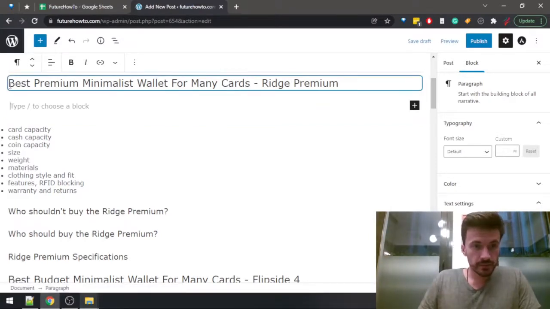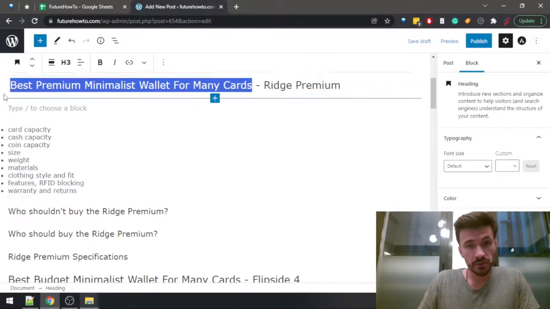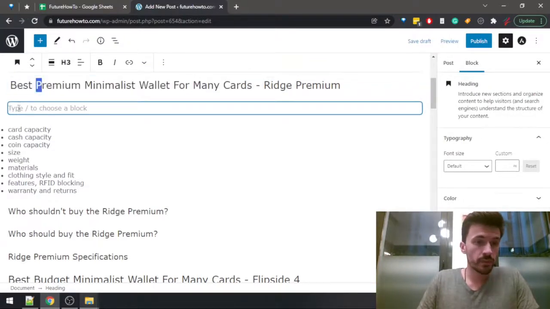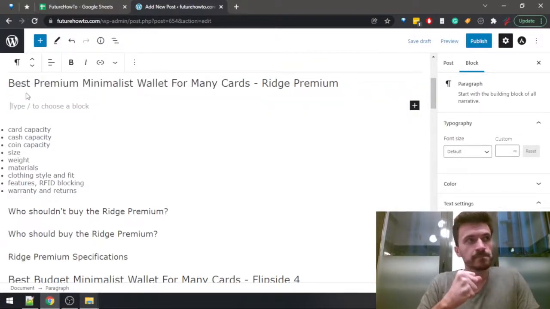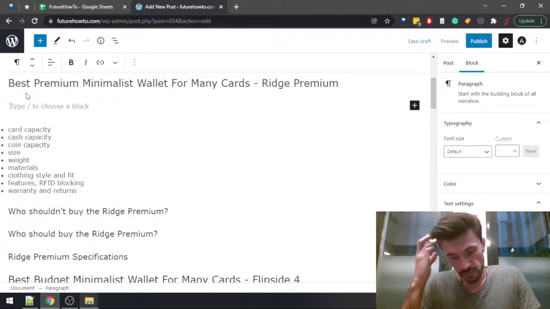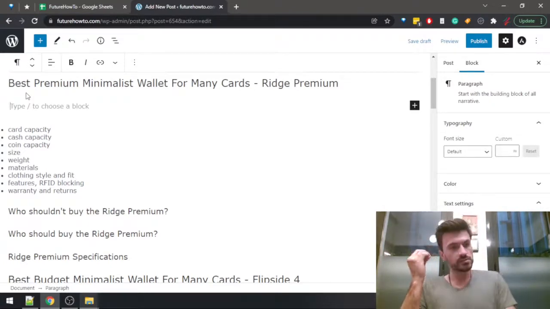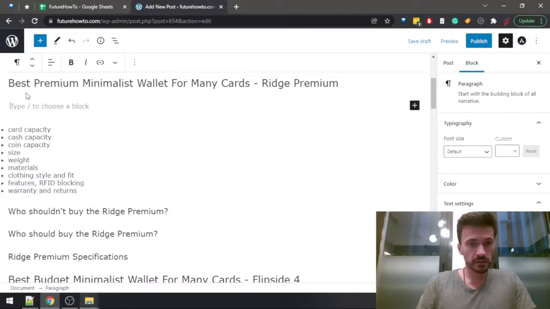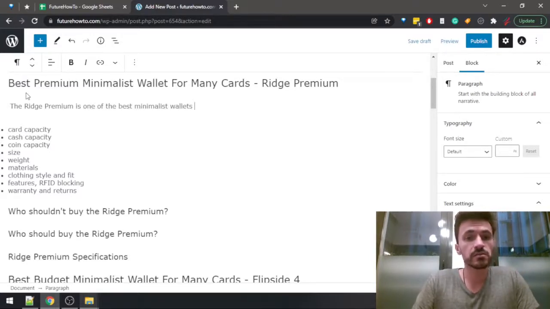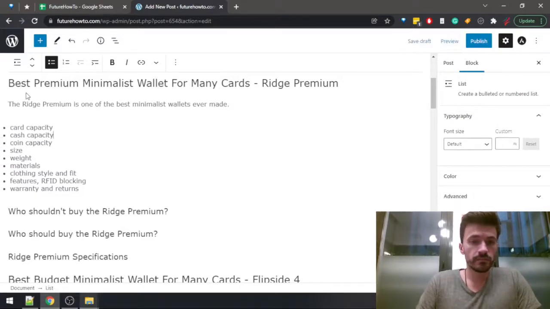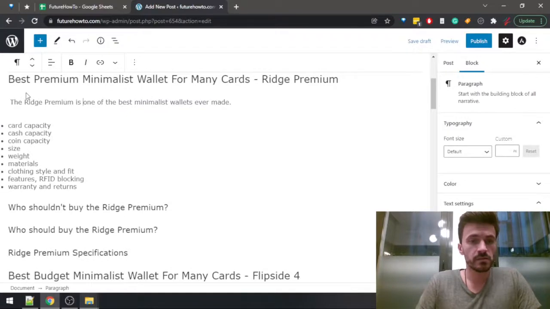Now since we have two use cases here, both mini cards and a premium, maybe I don't necessarily jump into the features of the bullet points straight away. Maybe I can write something like: the Ridge Premium is one of the best minimalist wallets ever made, without a doubt.